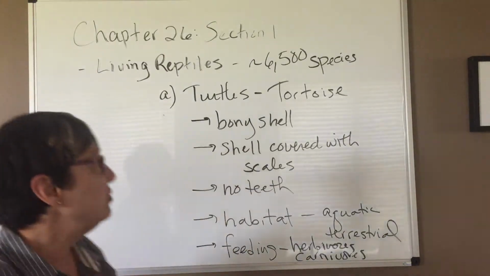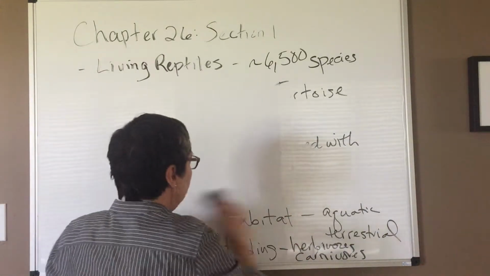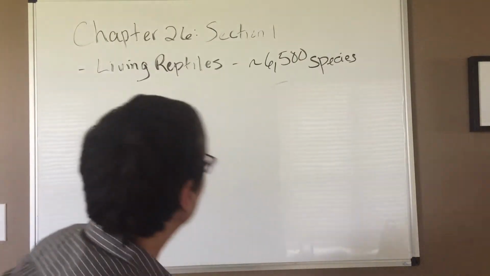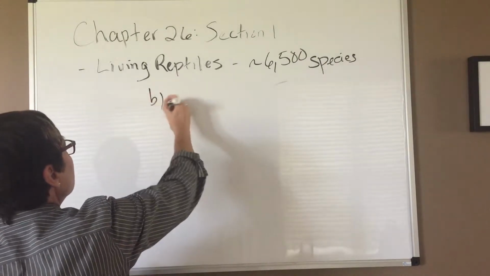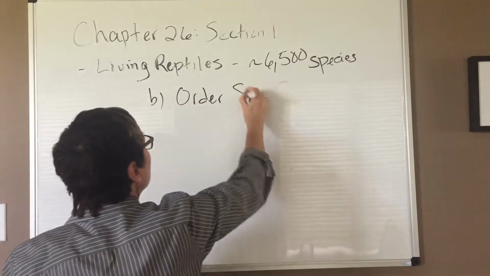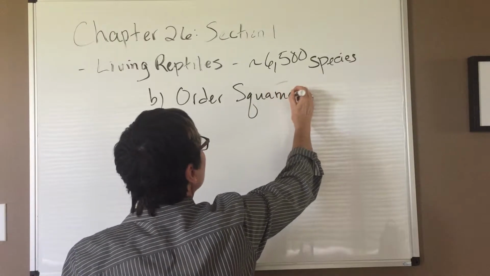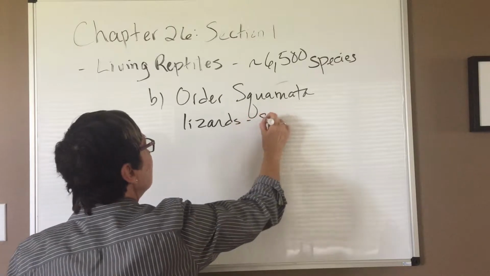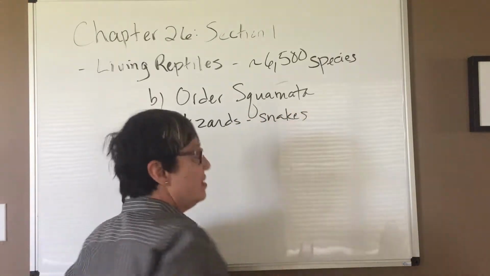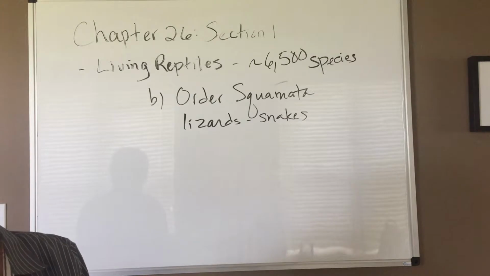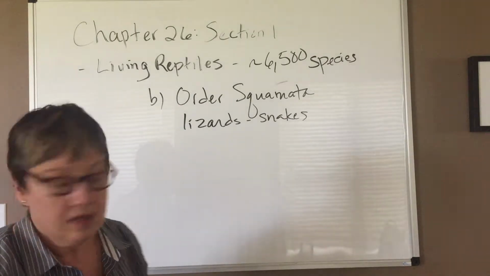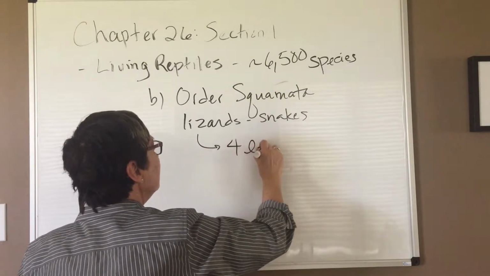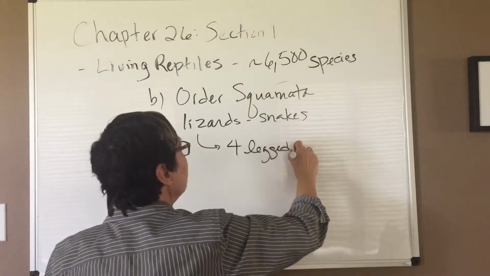Let's move on to the second group. This is B, an order, Squamata. This includes the lizards and snakes. Lizards are four-legged reptiles.